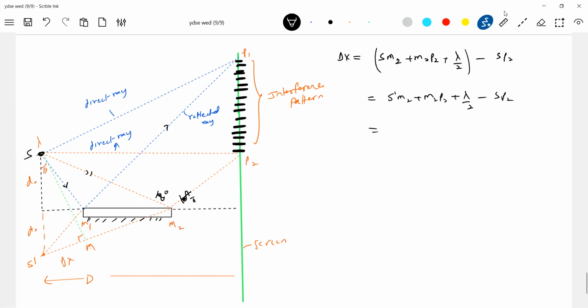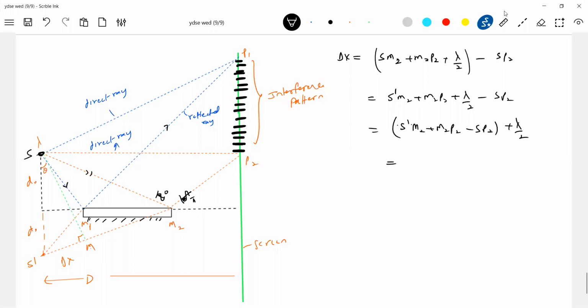So any equations can be written here. Similar to YDSE, this everything should become equal to S dash M2P2 minus SP2. Let's rearrange this one.